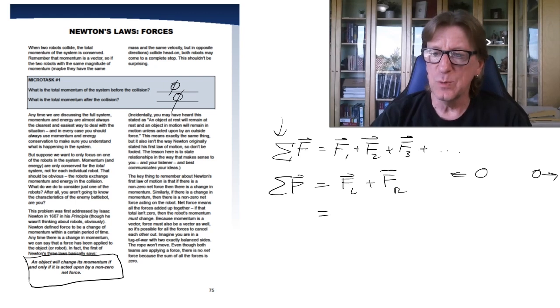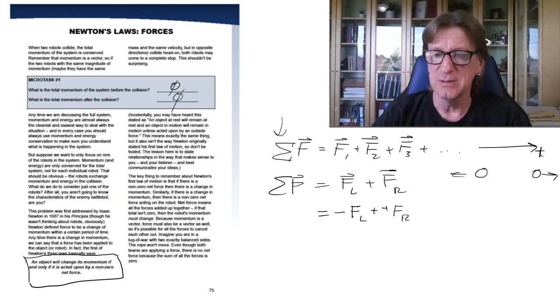Let's define this direction to be positive. So the right team is pulling in the positive direction, and the left team is pulling in the negative direction. Now this is a magnitude, because I've taken care of my direction right here. And the right team is in the positive direction. Again, this is a magnitude.